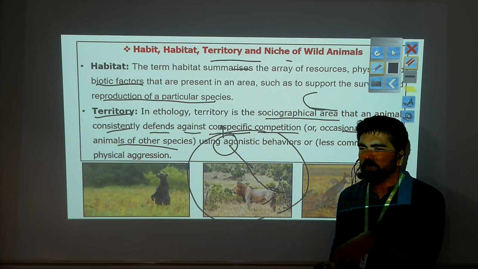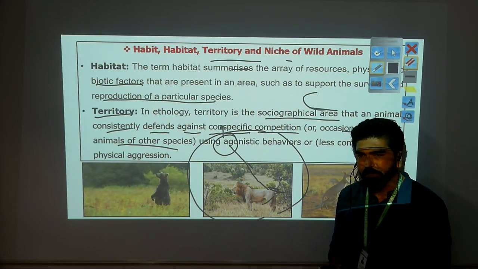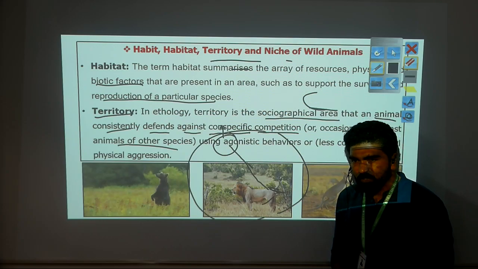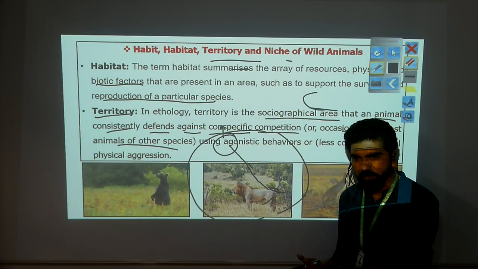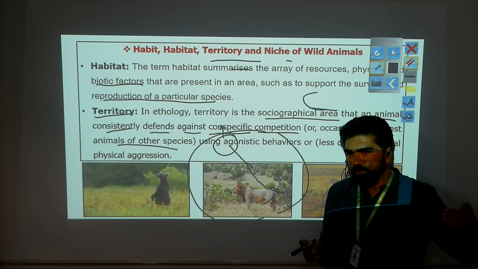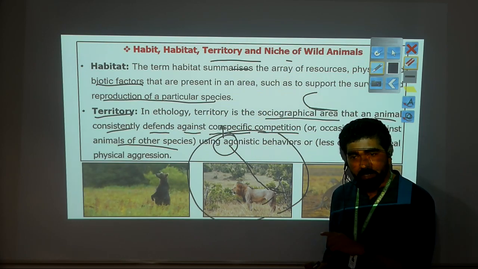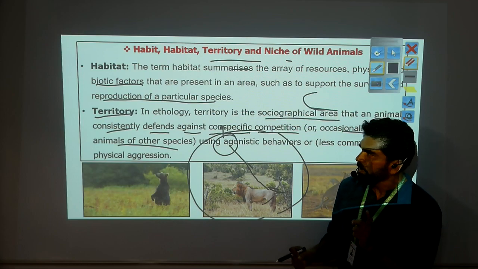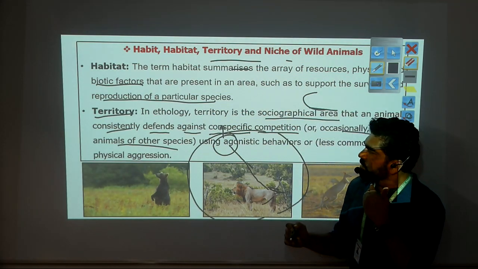It is not only the food material, but they also get the shelter and their mate. So that's why they eagerly want to protect that area. If any animal intrudes inside that area, they are ready to defend against that particular organism. They protect their territory for their life.